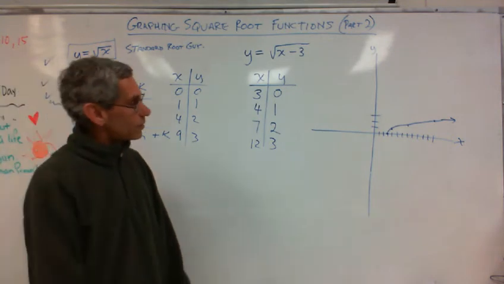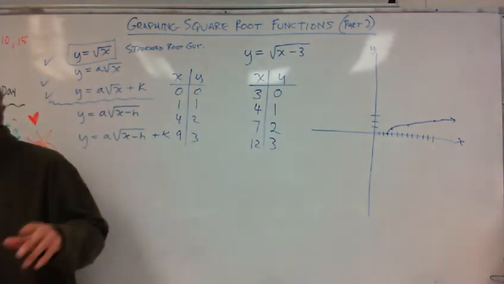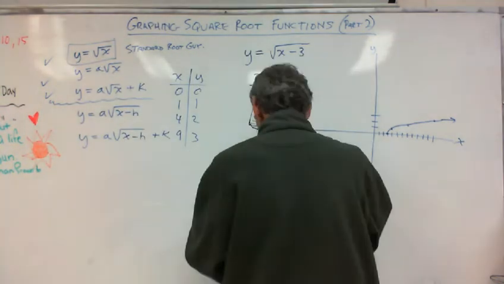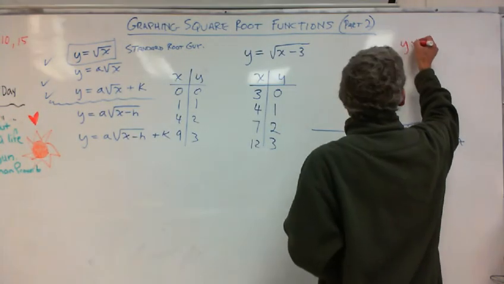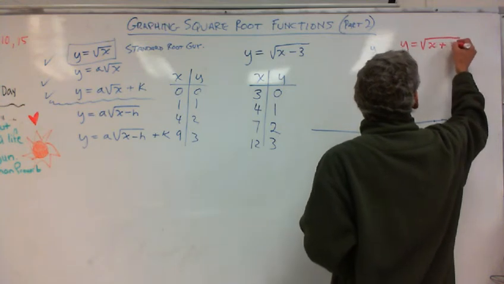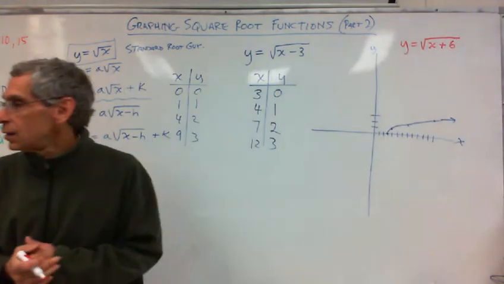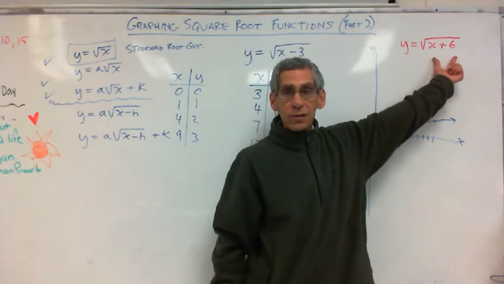Right, good, awesome. So now that you know this, what if I said, let's graph, let's use a different color, please work, red. Y is equal to the square root of x plus 6. What would make this value under the square root sign 0?